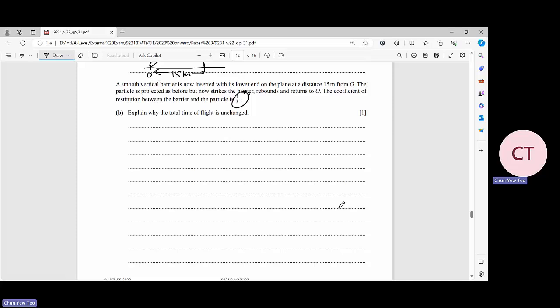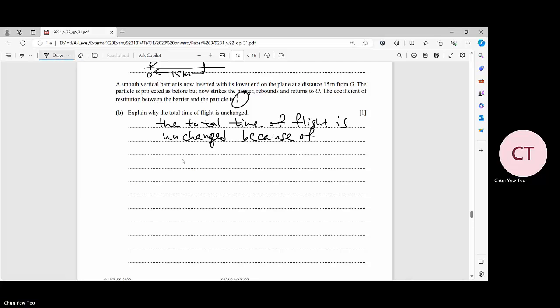So what you need to do is just mention that the total time of flight is unchanged because of the vertical component of the velocity is unchanged.